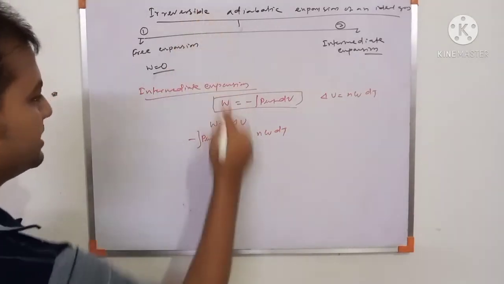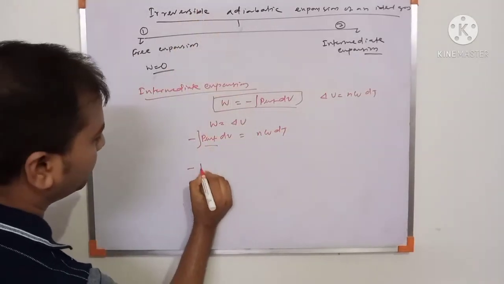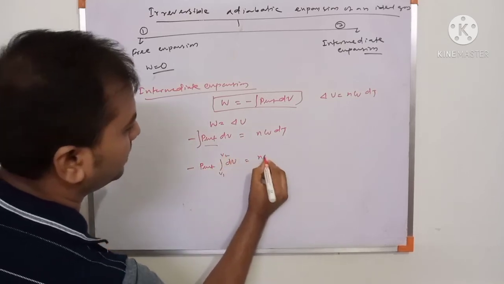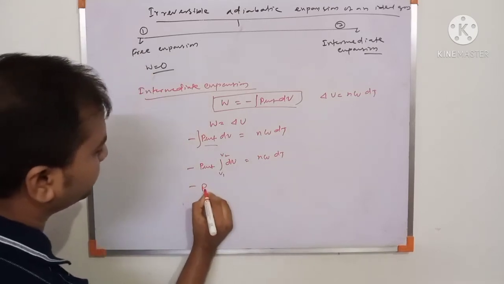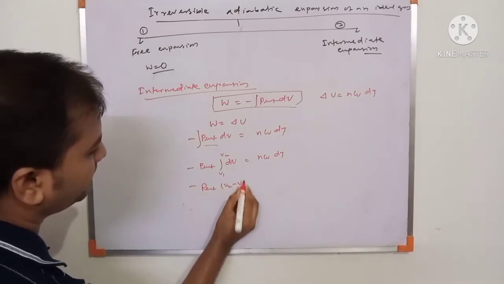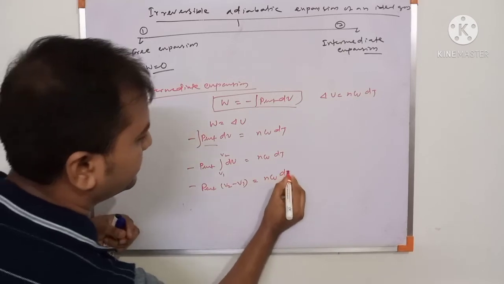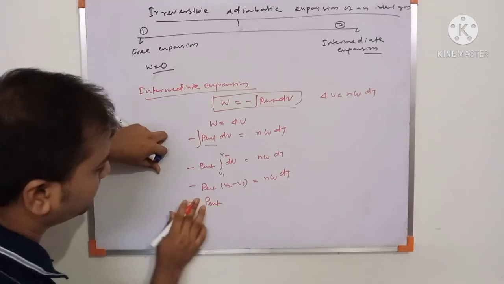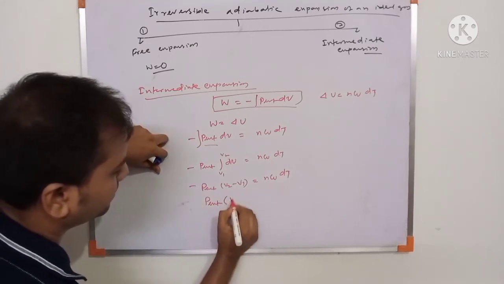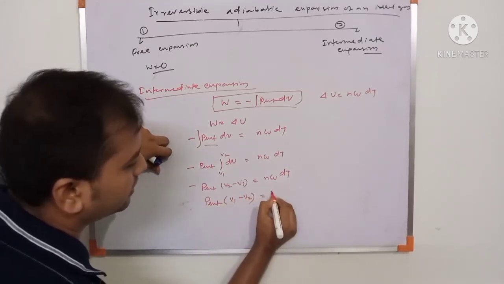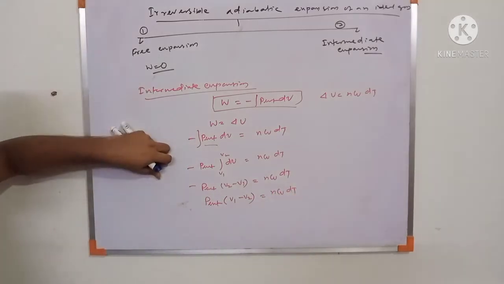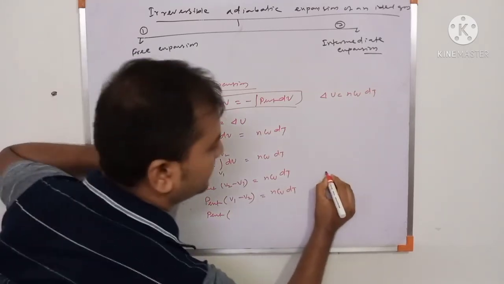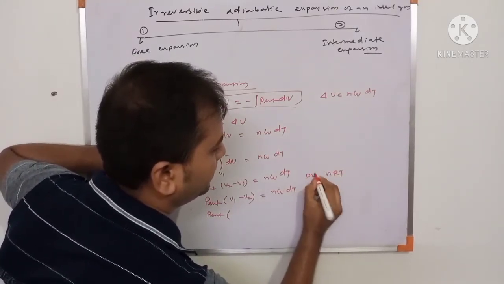Now irreversible process, P external constant. So P external constant into dV, limit V1 to V2 equal to n Cv dT, minus P external V2 minus V1 equal to n Cv dT, equal to minus P external, minus common, so this is V1 minus V2 equal to n Cv dT.